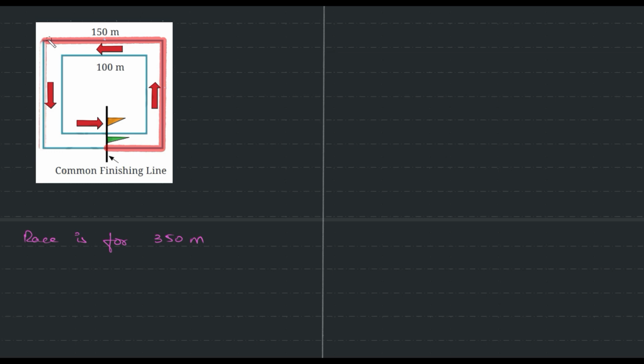Let's make the person run from this side. So 150 plus 150 is 300. 300 plus this, which is in the middle, so that would be 75. So 300 and 375. This will be the length. But we want 350. What should I do?